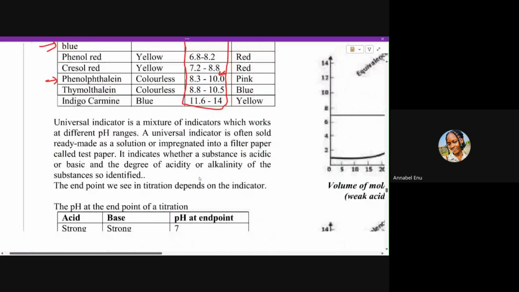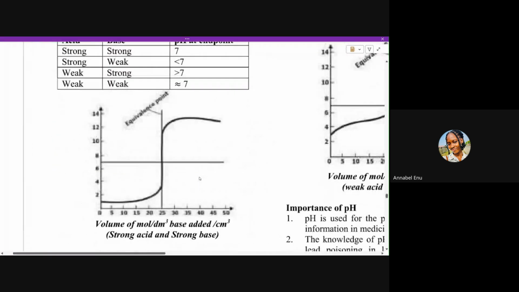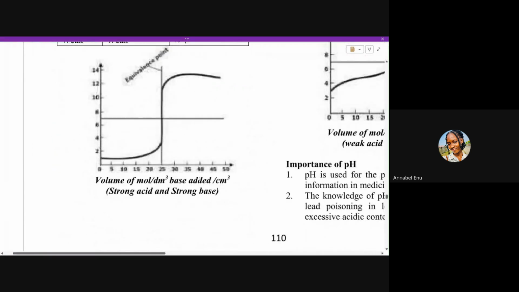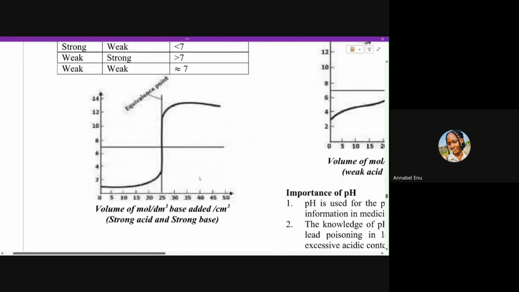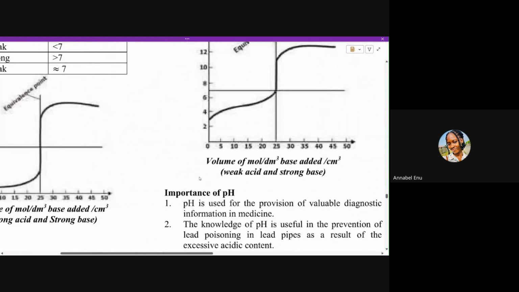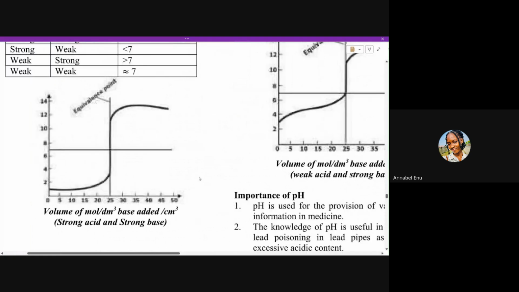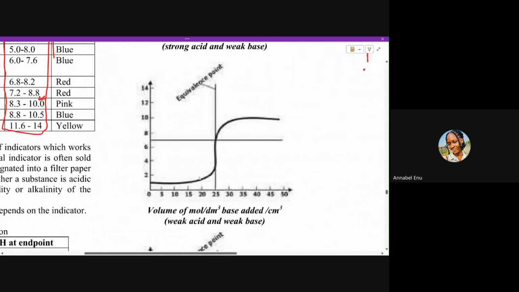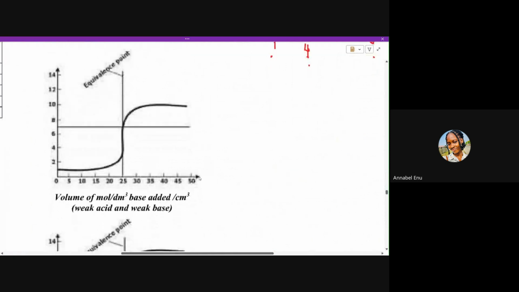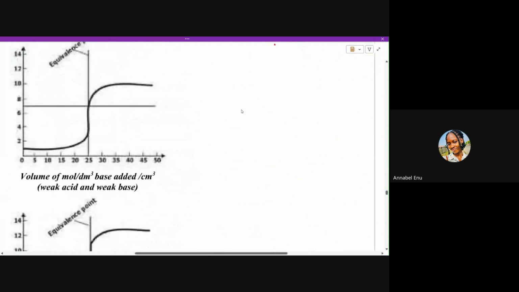And then the pH graph. It has its own explanation as well. So for example, we have a graph like this.